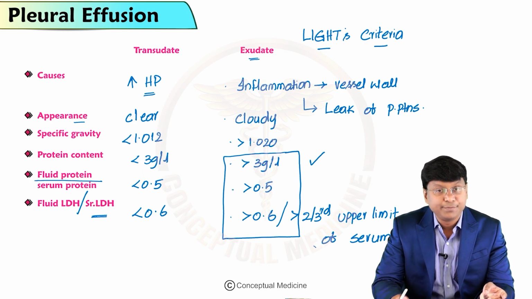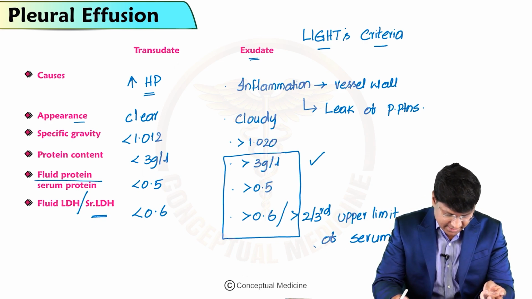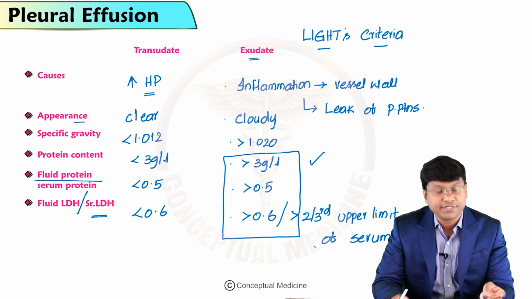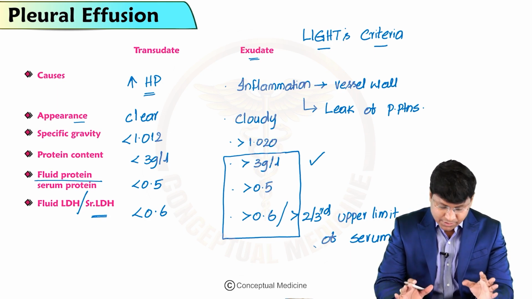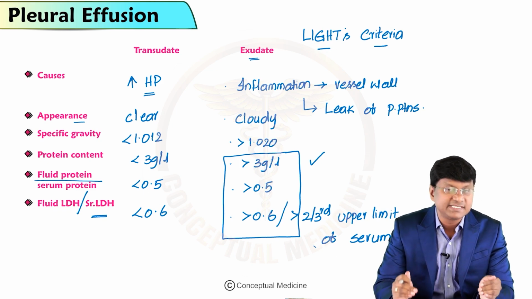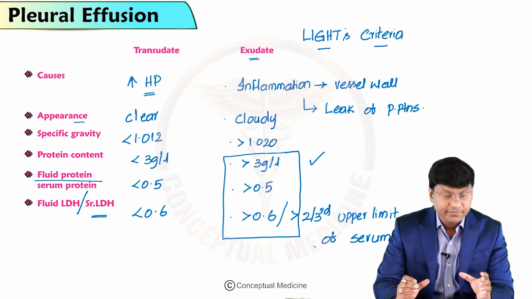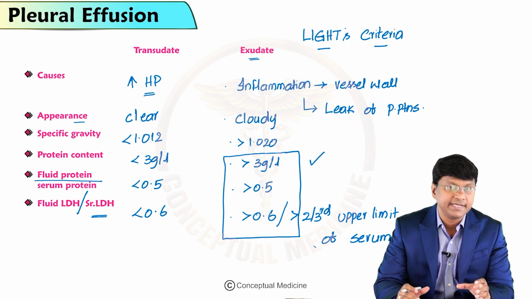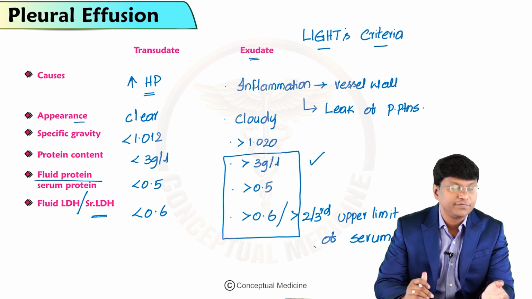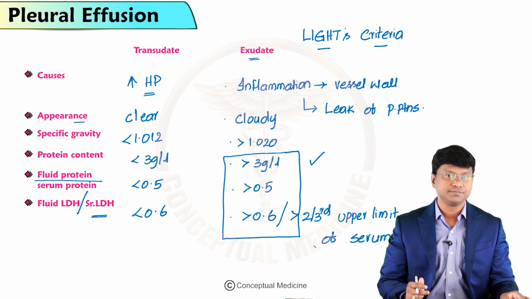That is, the pleural fluid protein should be more than 3 grams per liter, the fluid protein to serum protein ratio should be more than 0.5, and the fluid LDH to the serum LDH ratio is more than 0.6. So, if these three are there, then that constitutes the Light's criteria, and that is suggestive of the exudative type of pleural effusion, right?